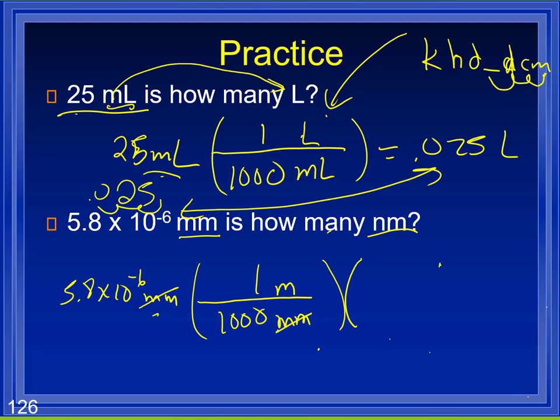Now, I want to get rid of meters. That's what I've got left. Where would meters have to go? It'd have to go on the bottom. What can I turn meters into? Meters I can turn into nanometers.